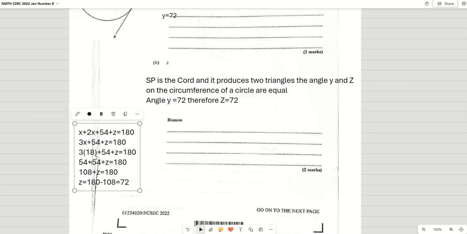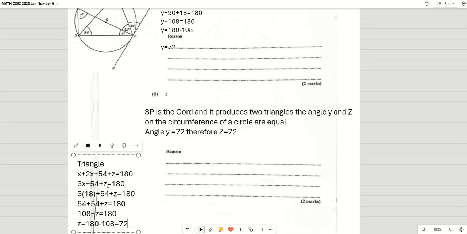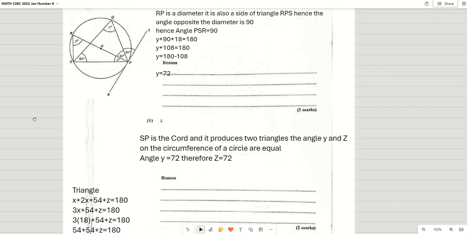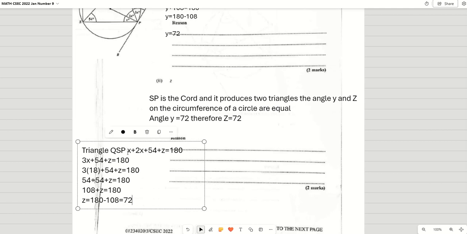Right, and that was the next way that you could have done it. You could have said that triangle QSP is equal to this, right?